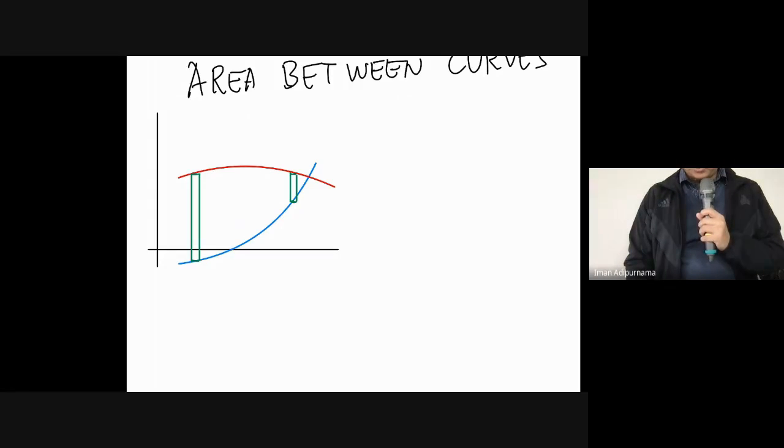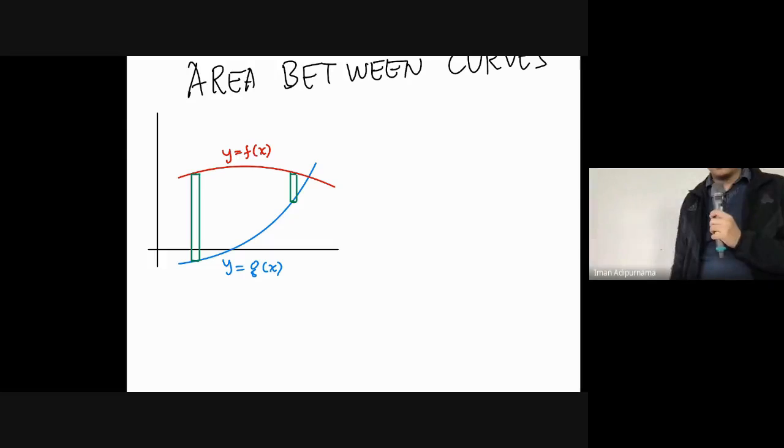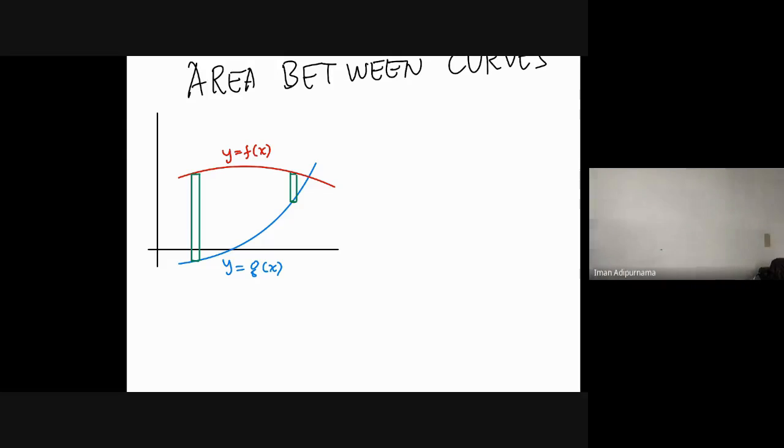Okay, let's say this is g of x, and this is f of x. If we just consider f of x, the area under the curve, we will only have from this curve until the x-axis, this is the height, right?